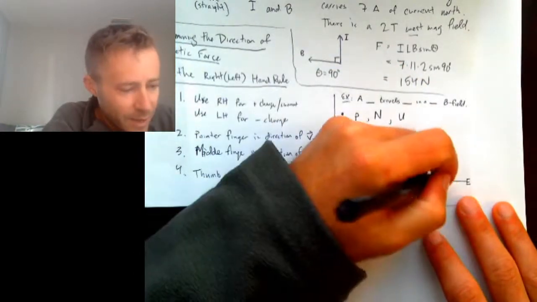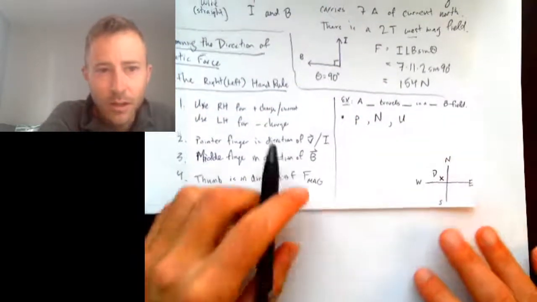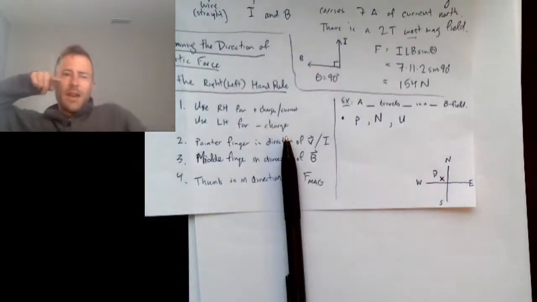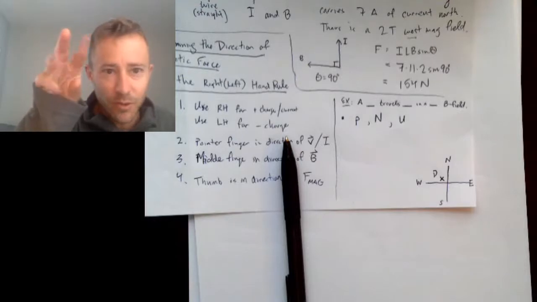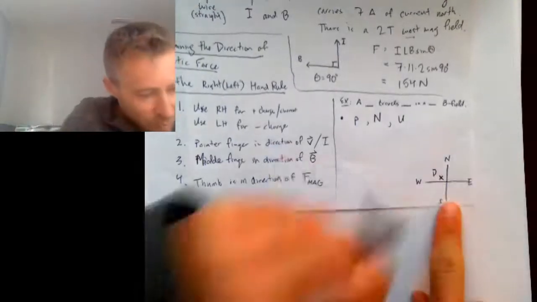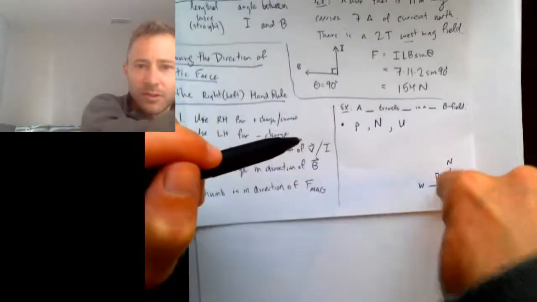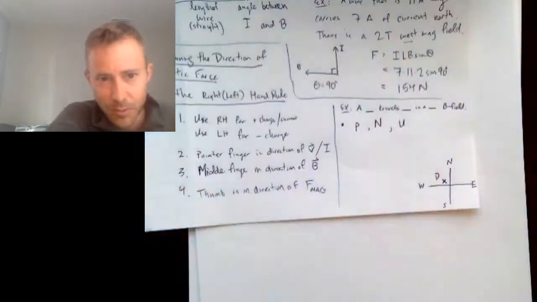I'm putting an X to represent the direction that is into the page. Why is that? Imagine firing an arrow, and as that arrow goes away from you, you're going to see the feathers on the back of the arrow. So this is like the feathers on the back of the arrow going away from you. This represents down, which is into the page, because an arrow would be going away from you, down.